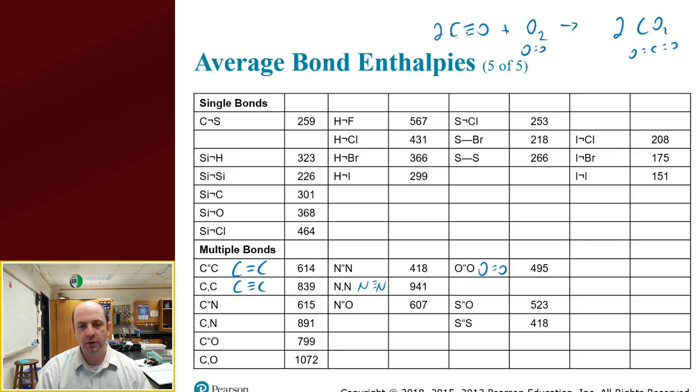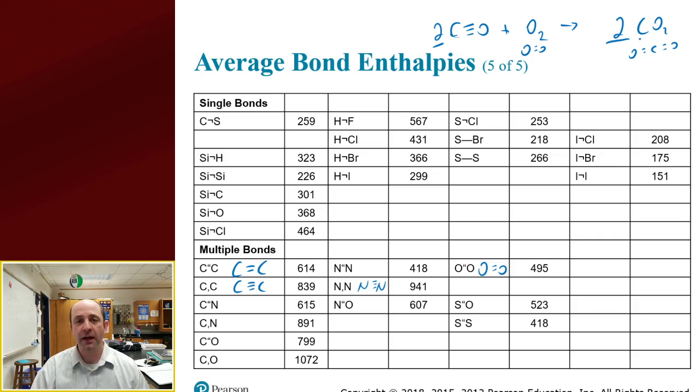What we're saying is, in order to do this reaction, I have to break the triple bond here, and I have to do it twice because there's 2 of them. I have to break the O=O double bond, but then I have to make 1, 2, 3, 4 CO double bonds.